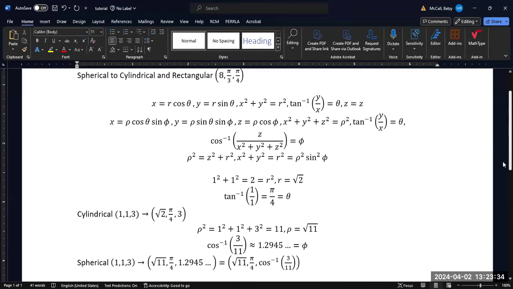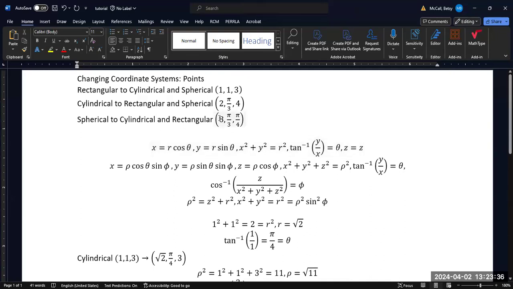All right, and then finally, we're going to look at changing spherical to cylindrical and rectangular. And so here we have rho is equal to 8. We have theta is pi over 3, and then phi is pi over 4. So we're going to have to convert to x, y, and z.